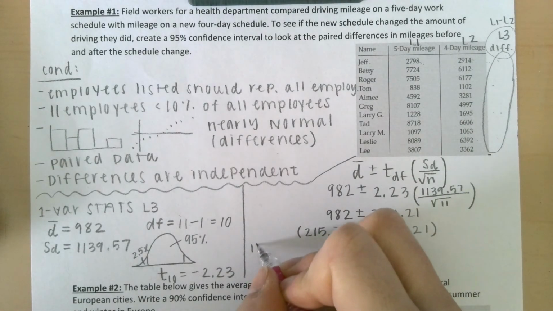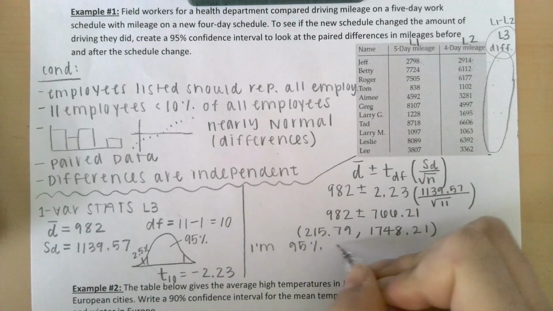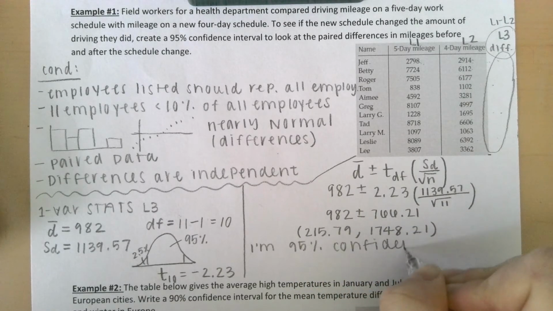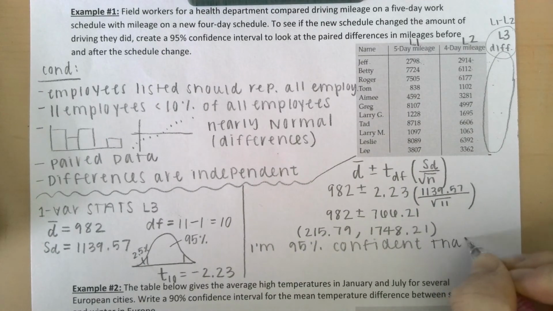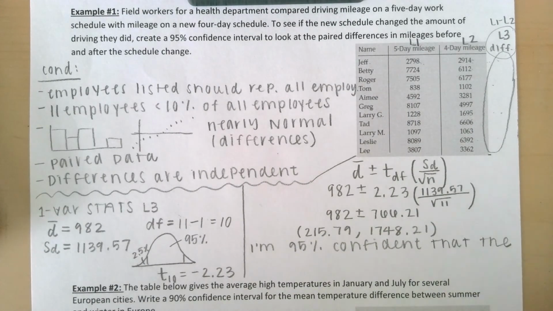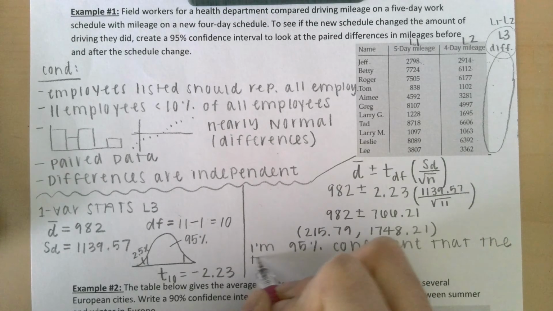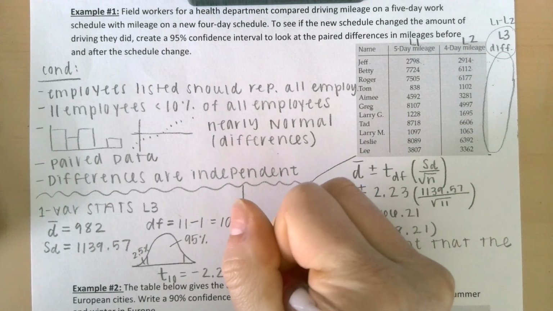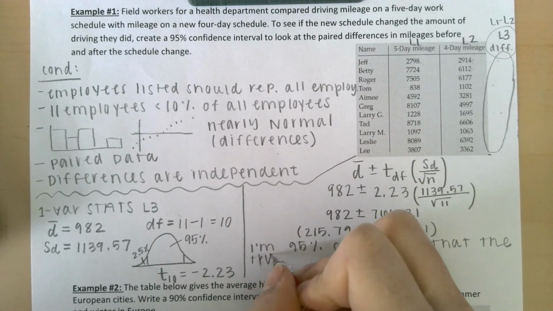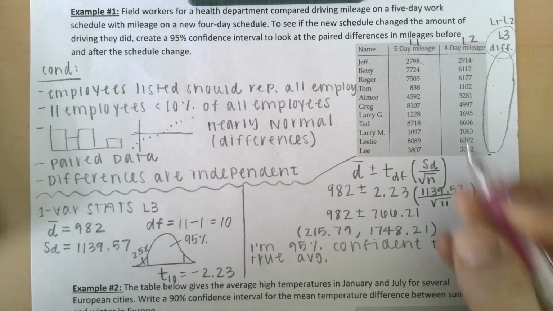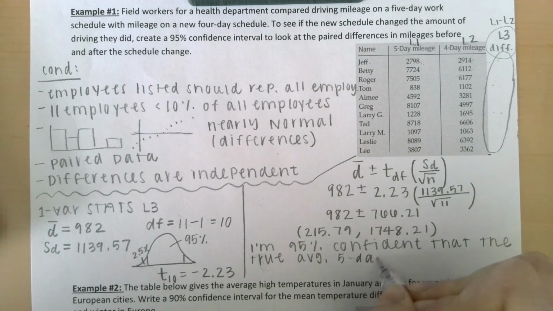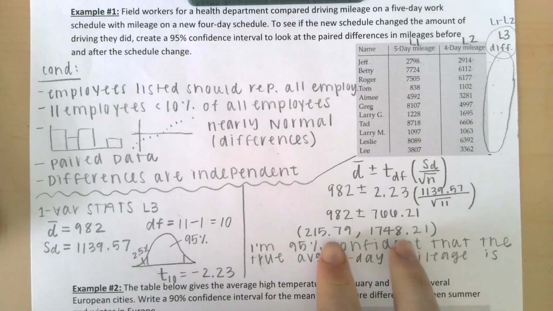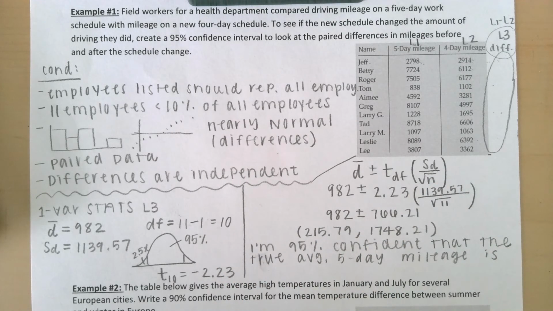So I'm going to say that I'm 95% confident that the true average 5-day mileage is, now these are both positive, so they're going to be higher, and these are mileage, so that's in miles, I'm going to assume.